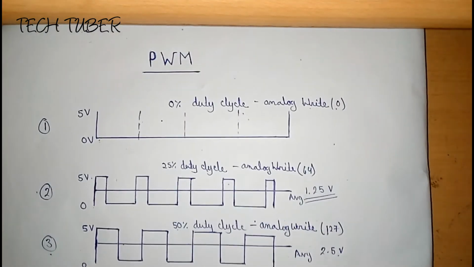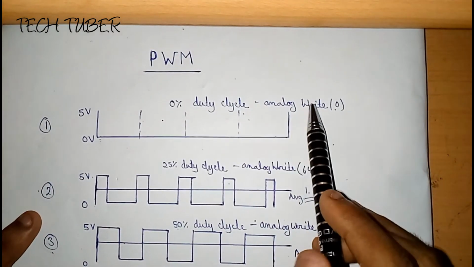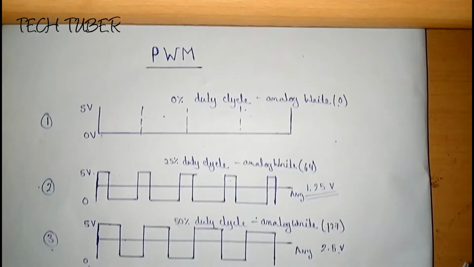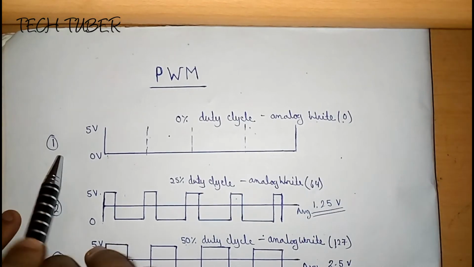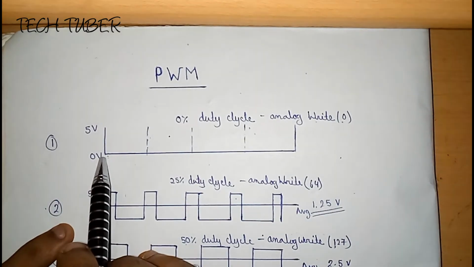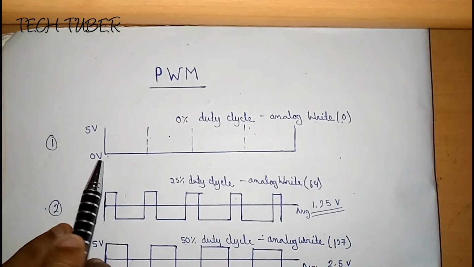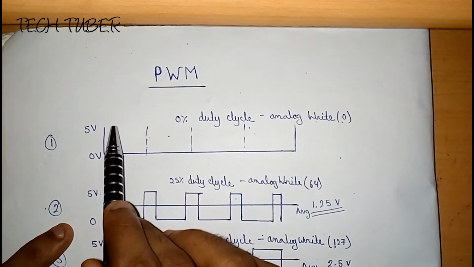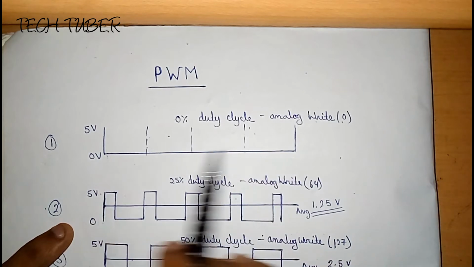So now coming to the graphical portion of the signals, we are taking a square signal, and I have 4 graphs for explaining the PWM function. According to the first graph, there is a straight line along the x-axis at 0 volt state. So there is no pulsating signal, so there is no high voltage state in this signal.